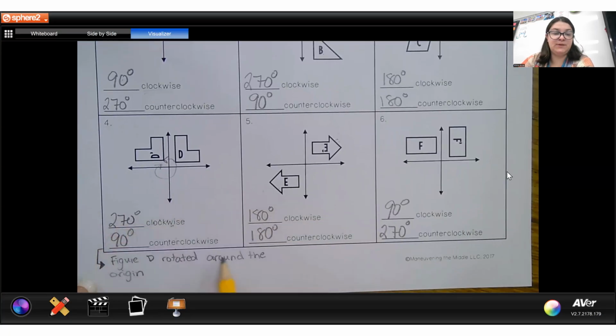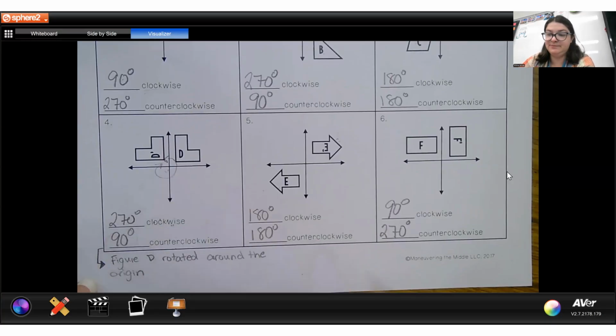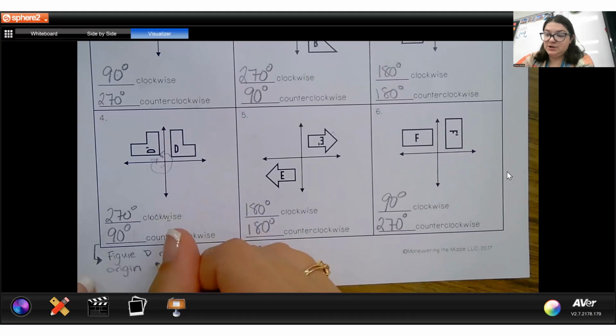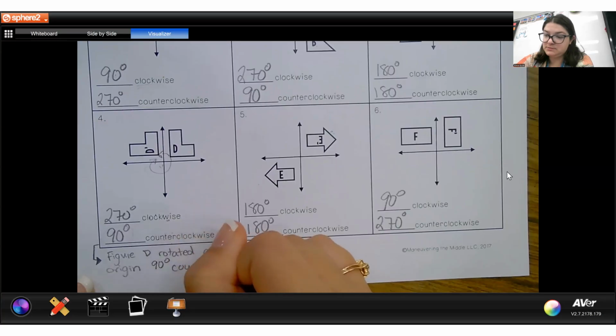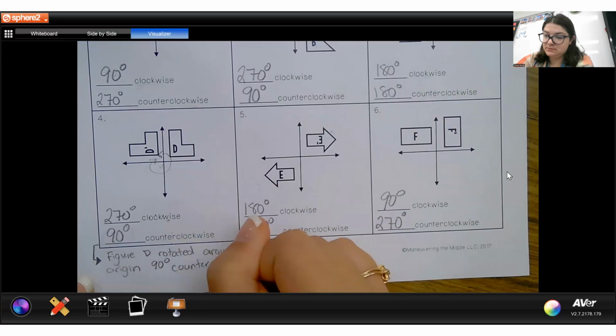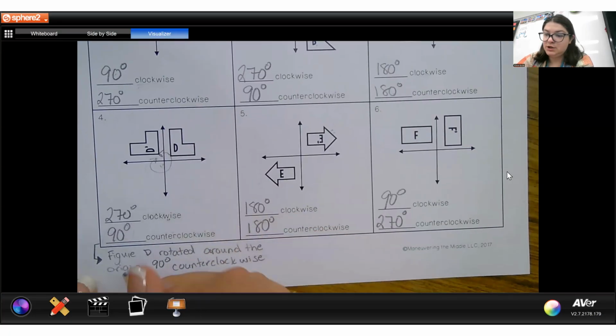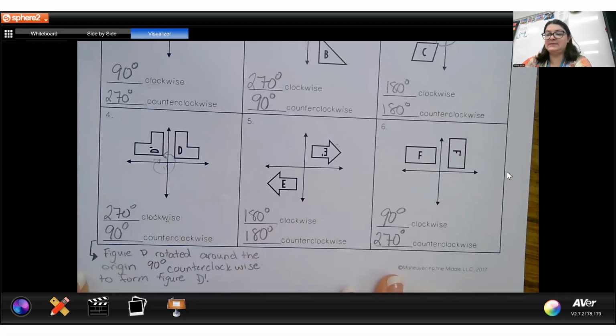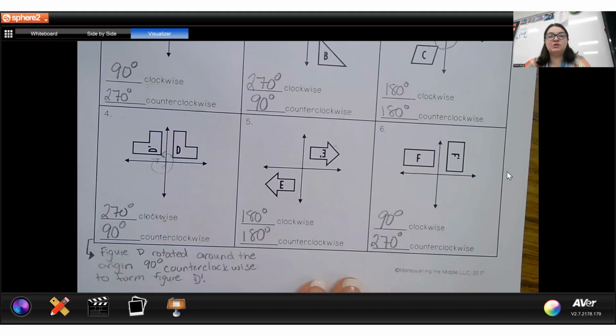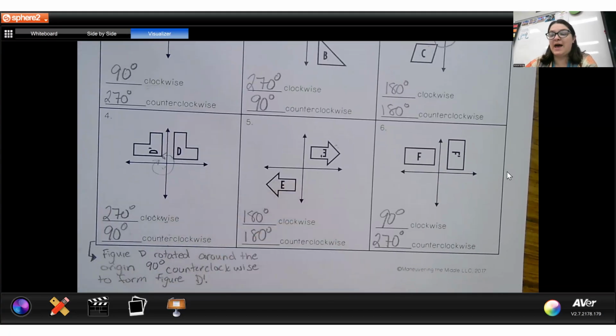So we always want to say the point that it's rotating around, and it's going to be the origin every time. 90 degrees counterclockwise to form figure D prime. Okay, so that is the example there. So these notes are very, very important. The rotations have multiple things you have to pay attention to. So we are going to continue to work on this throughout class.